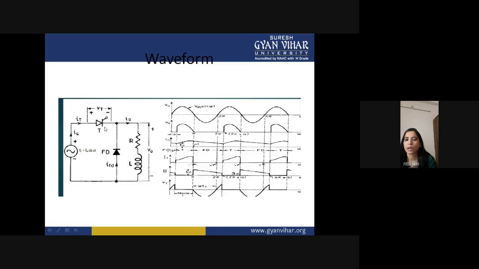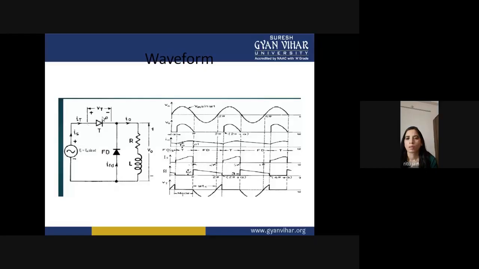So current will start to flow through this SCR because this is your positive half cycle. So the SCR will conduct and the diode becomes reverse biased.